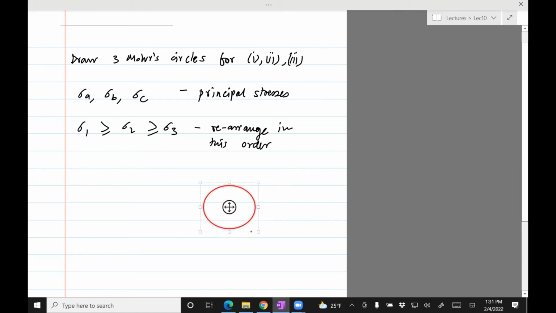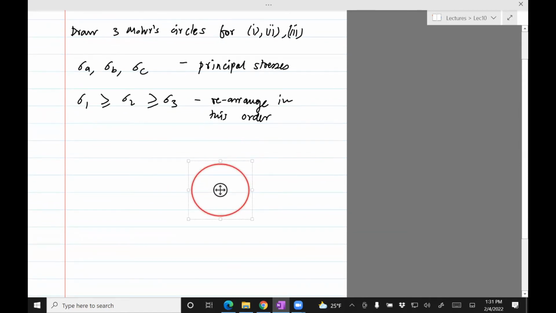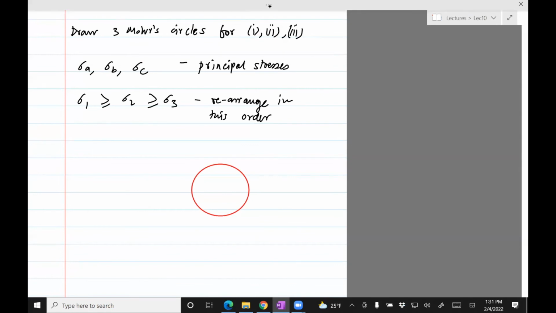Okay, let's say this is the smallest one. The smallest one will correspond to the pair sigma 2 and sigma 3. Then there will be a slightly bigger one. Okay, so that will correspond to sigma 1, sigma 3, the maximum and the minimum.